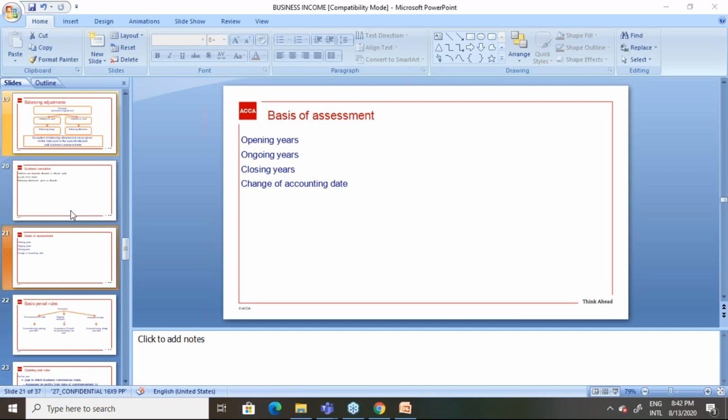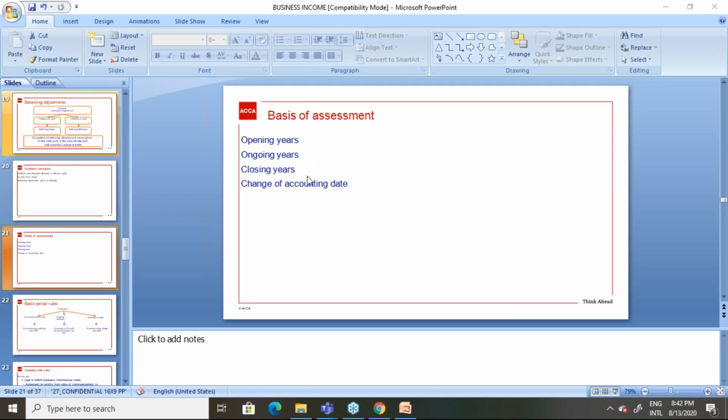There are different types of rules applicable depending on whether it is a newly started business or an ongoing business or a business which you are going to cease trading. And there are some special basis of assessment rules if you are going to change the accounting date. Since I have limited time, I will explain the important ones, that is, rules pertaining to opening years, ongoing years, and closing years.